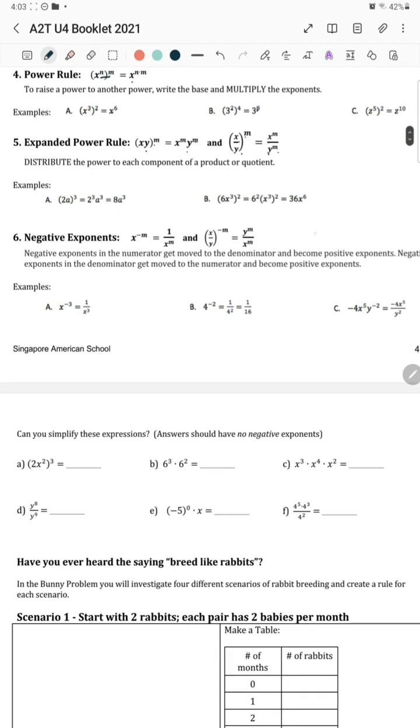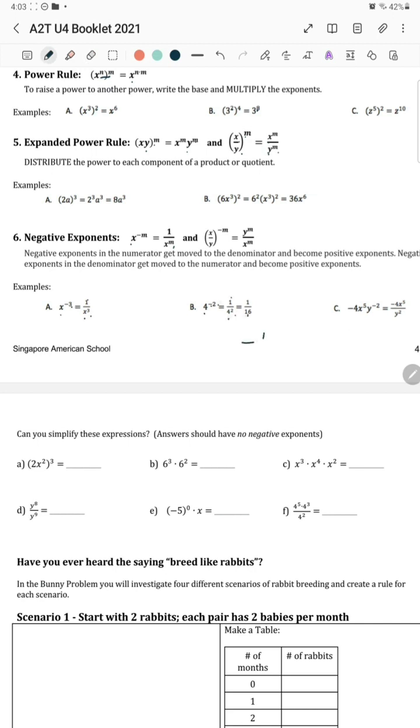Negative exponents. If I have a negative exponent, I will make it positive by moving it into the denominator if it is in the numerator. If it is in the denominator, I will take it to the numerator, and it will become positive. So x to the negative 3 is 1 over x cubed. 4 to the negative 2 is 1 over 4 squared, which is equal to 1 over 16.